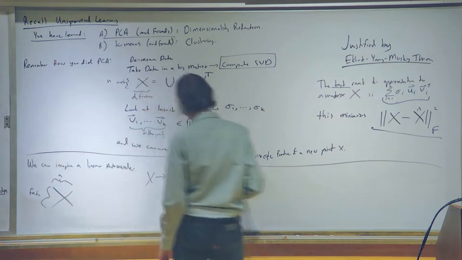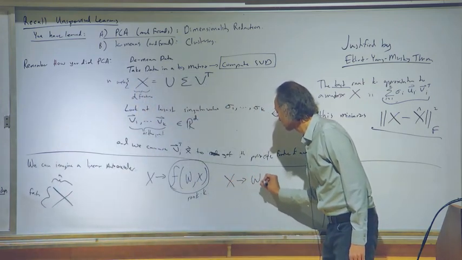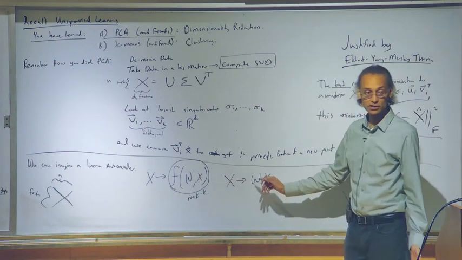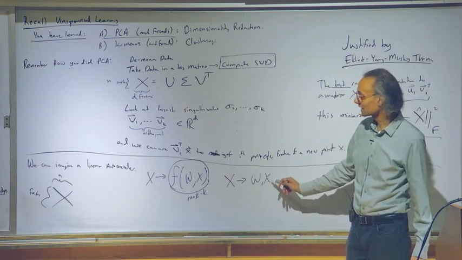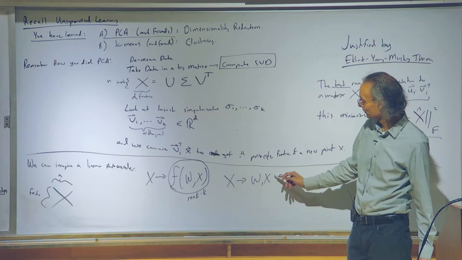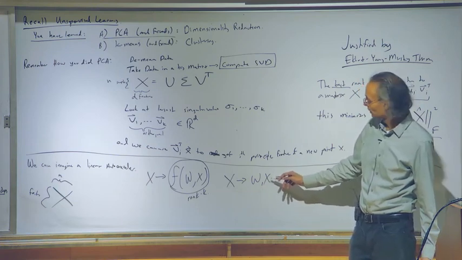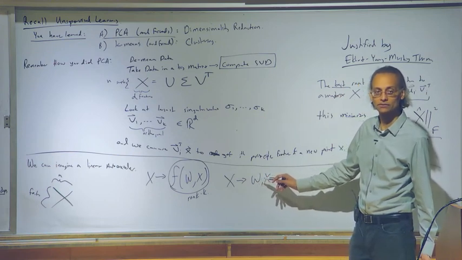So if I do this, then I can think of x going to w1x, where w1 is a matrix, and I multiply x by the matrix, and x originally has d columns that are d in size. Now I can make this thing be smaller in size. Okay?